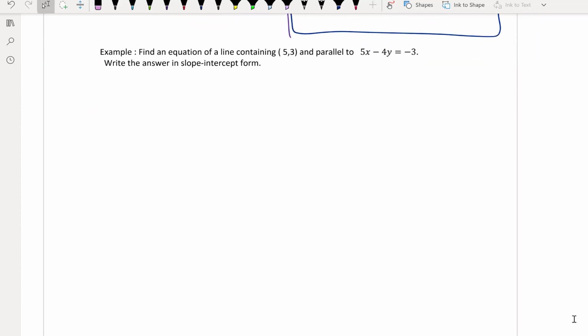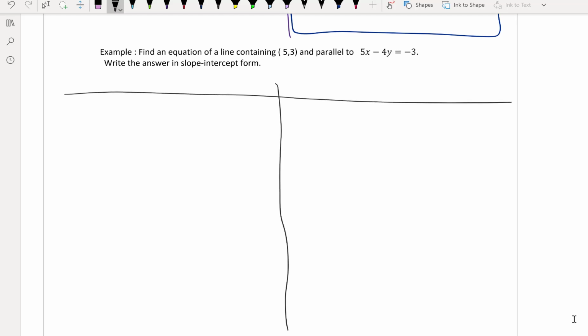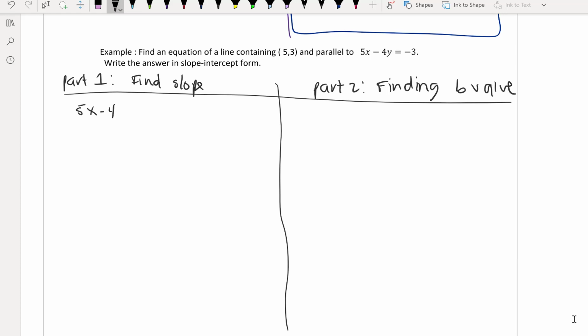So we have one more that's going to be parallel, just to make sure that we get it, because sometimes two examples are better than one. So remember, part 1 is all about finding your slope, and part 2 is going to be all about finding your b value. So here, my original equation, I have 5x minus 4y is equal to negative 3.